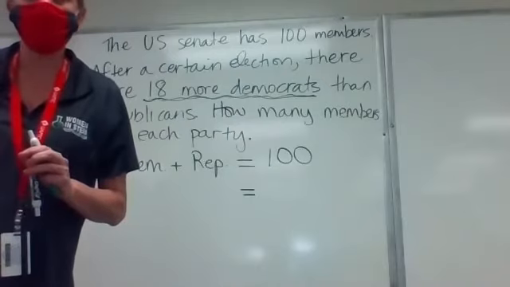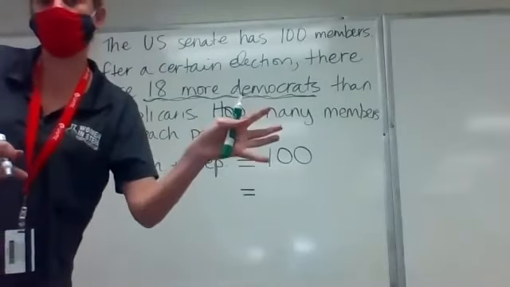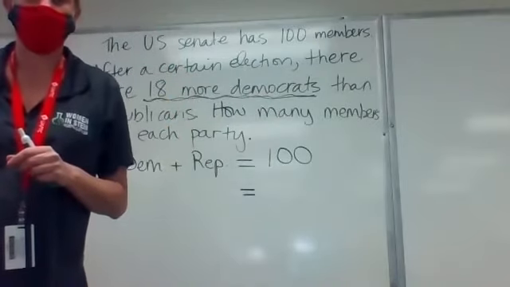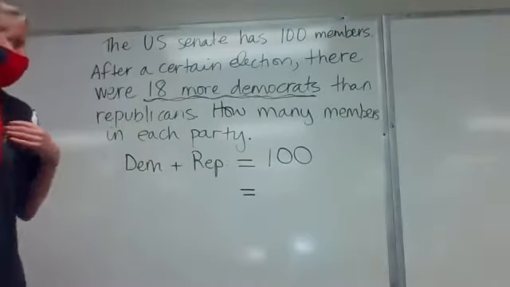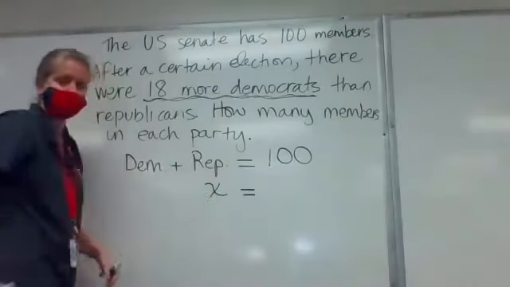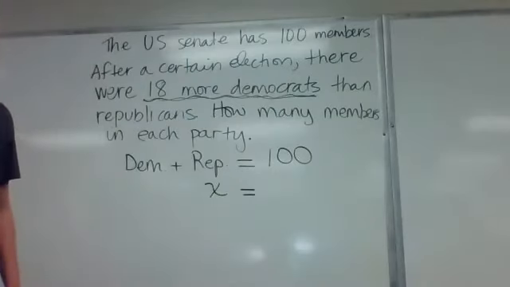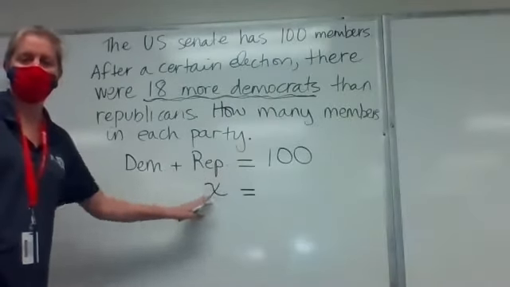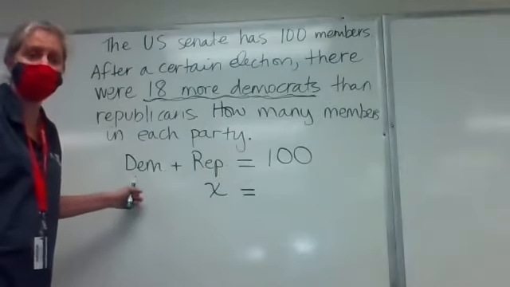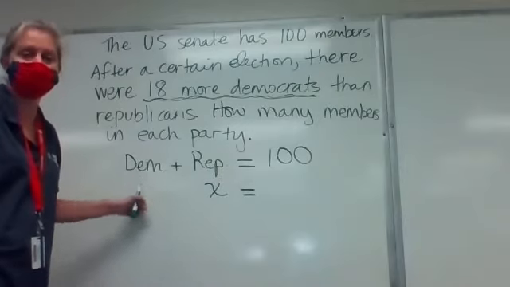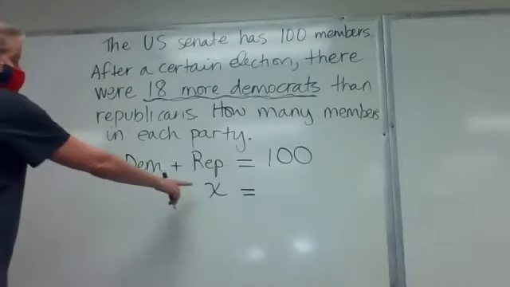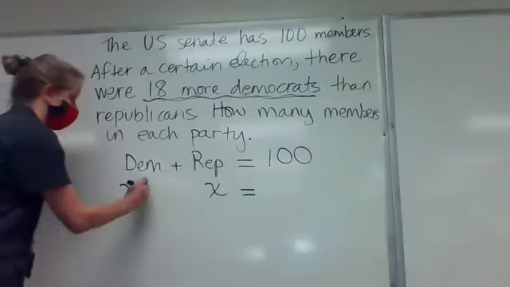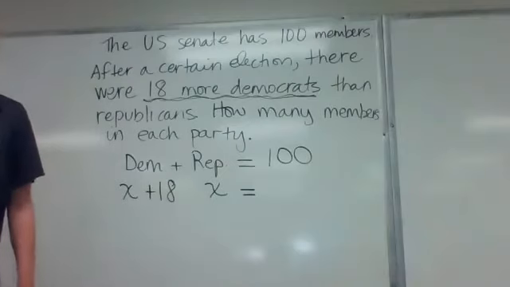I don't know how many are in each party, but I know however many the Republicans have, the Democrats have 18 more than that. So I don't know anything at all about the Republicans, so I'm going to call them the X. What do I know about the Democrats compared to this unknown number? I know there's 18 more than that number in this category, right? Which means the Democrats have all of the same numbers that the Republicans have and 18 more.